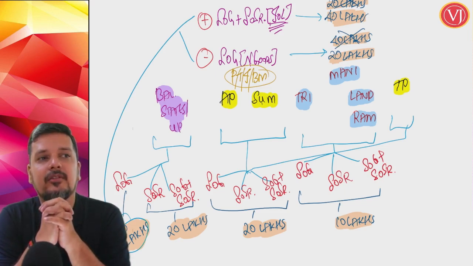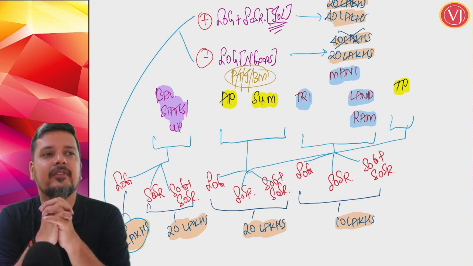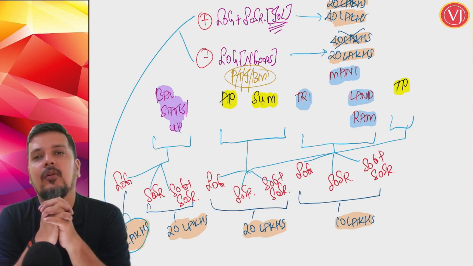Arunachal Pradesh, goods plus service. Andhra Pradesh, goods plus services. Andhra Pradesh only goods. Andhra Pradesh goods plus service, 20 lakhs. Andhra Pradesh only goods, 40 lakhs. Jammu only goods.